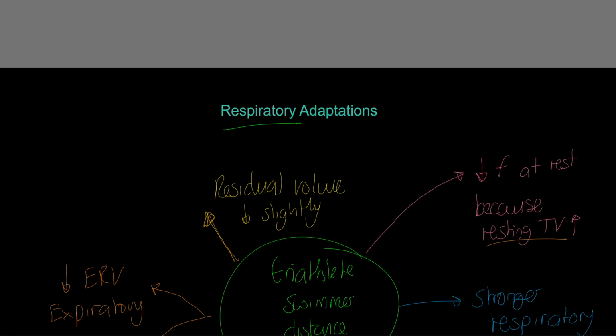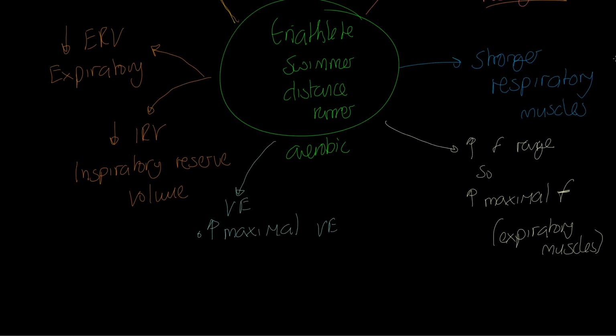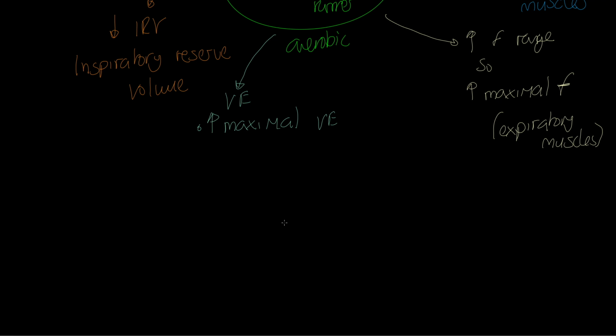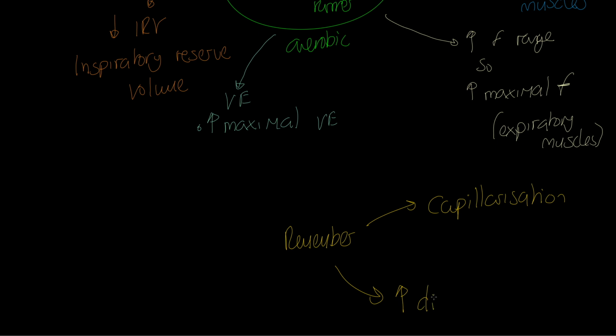Now, that's not the whole story, because the respiratory system doesn't exist by itself. We also have to remember other associated adaptations. Remember the following. There's also capillarization, more capillaries at the alveolus, or collectively the alveoli. Therefore, we get more exchange, we get a greater rate of diffusion. Now, technically, this is a vascular consideration.